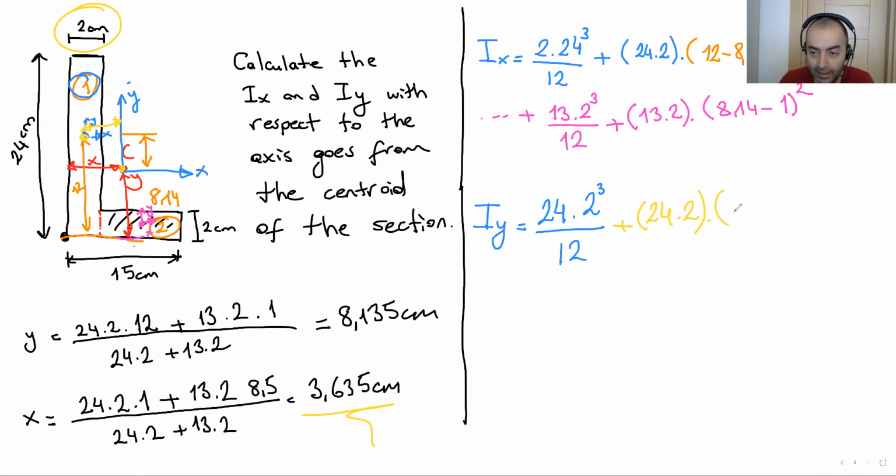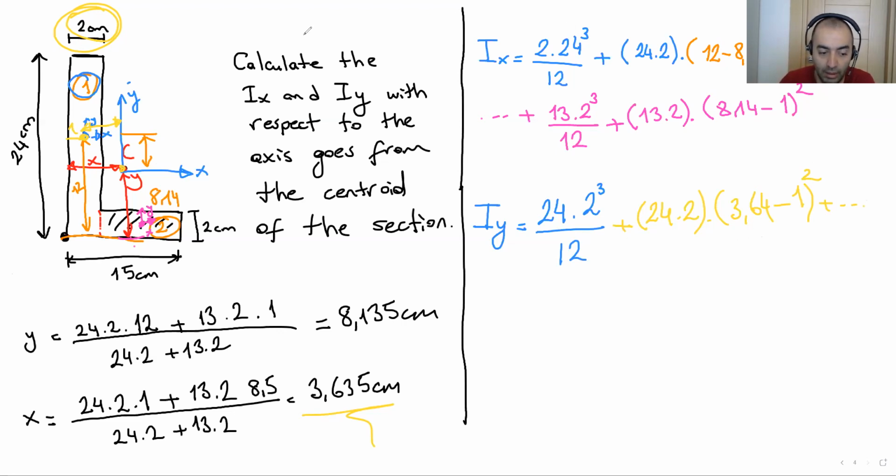X is here, 3.64, let's say 64, minus 1, because we know the center of this section is at the midpoint of this dimension. So it's 1. The x minus 1 gives us distance square. Okay, this is member 1.